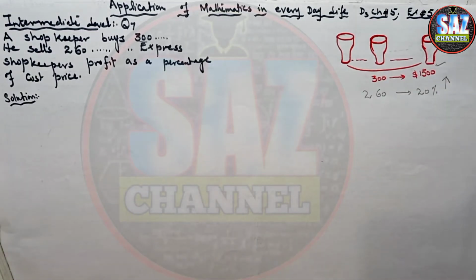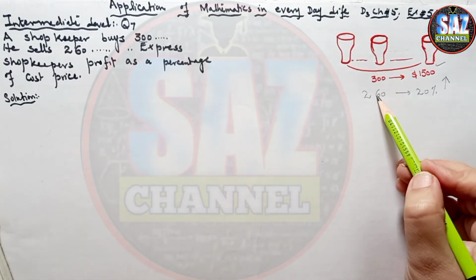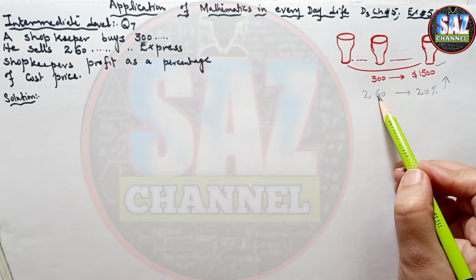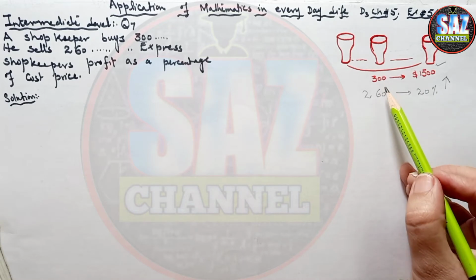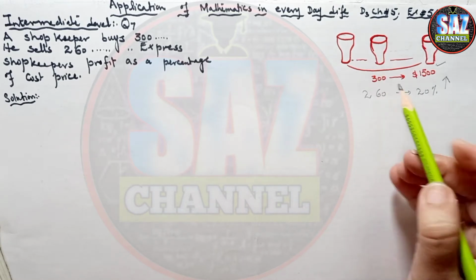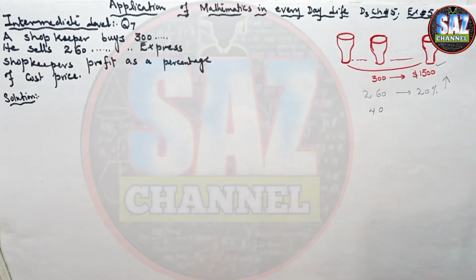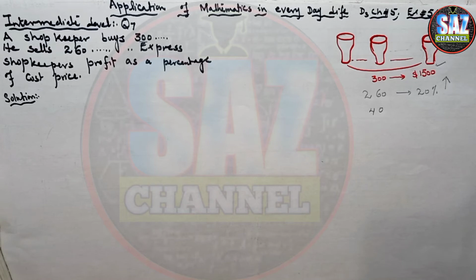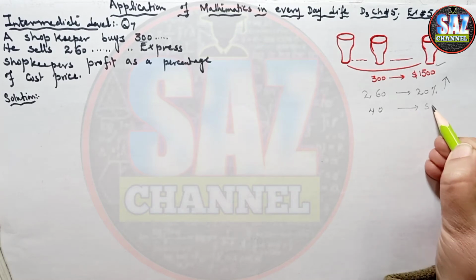Each of the remaining articles, out of 300 articles, he sells at 50% of the selling price of each of the 260 articles.